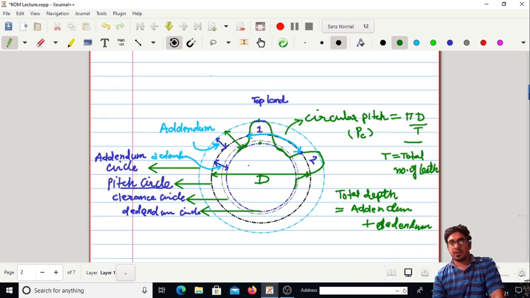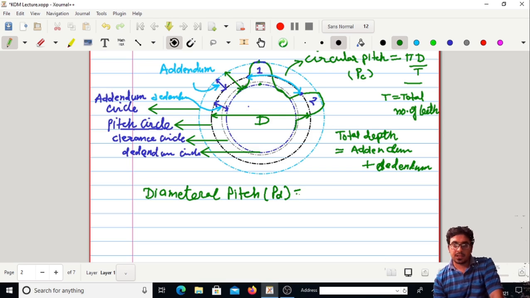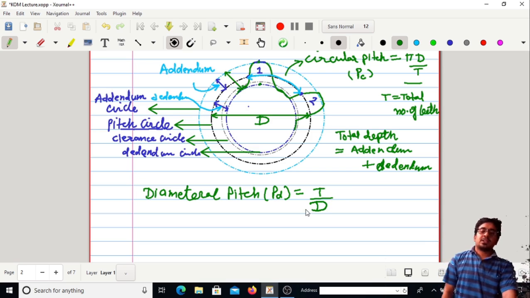Now, as we know that circular pitch is defined as pi D by T, here I am going to introduce one more term, which is the diametric pitch, and it is given as PD, and it is a ratio of number of teeth to the pitch circle diameter.